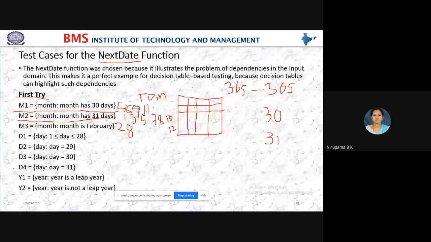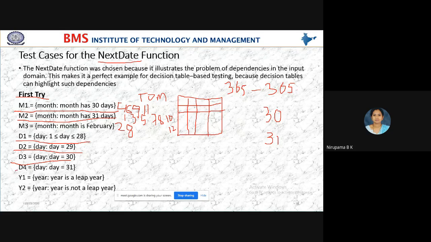Yes. Coming to the condition, this condition is for February. Correct? Is it right? This condition is for February. And what about this? Yes, this condition is also for February. And this condition is for M1. This condition is for M1.